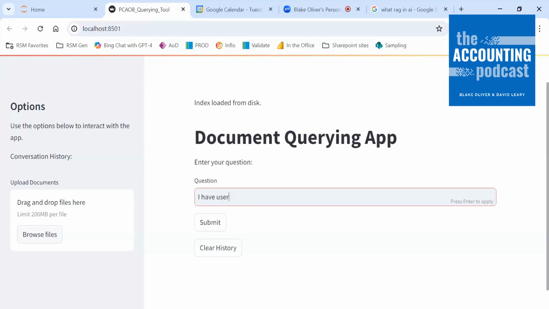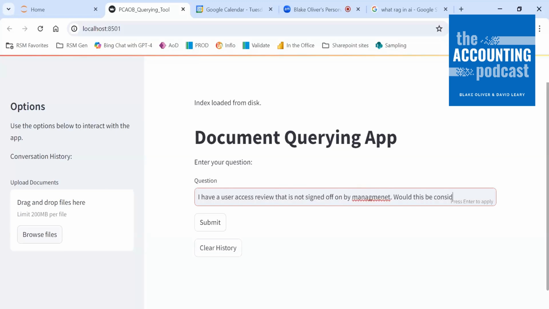Exactly. We perform testing to make sure that management is adequately reviewing their own users' access to make sure no one has inappropriate access to make changes they shouldn't be making. So a sample question would be, I have a user access review that is not signed off on by management.